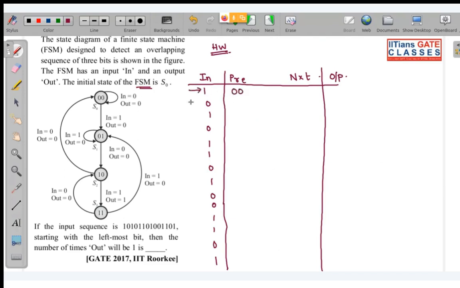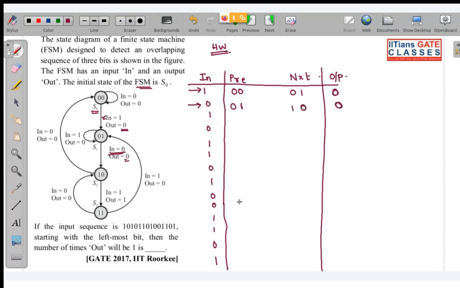When you apply input 1, you go to 0 1, which is your next state, and the output is 0. Now your present state is 0 1. If you apply input 0, you go to S2, so your next state will be 1 0 and your output is 0.